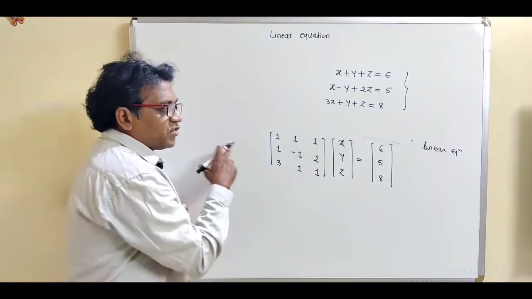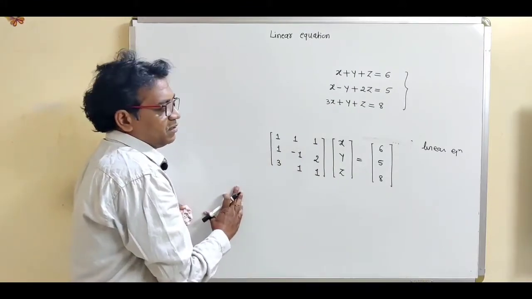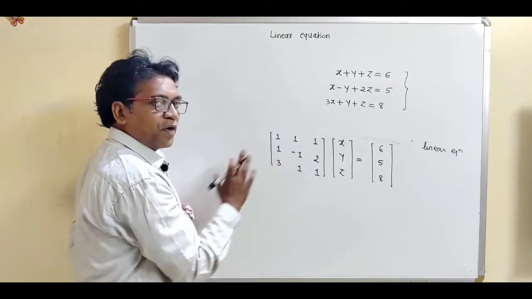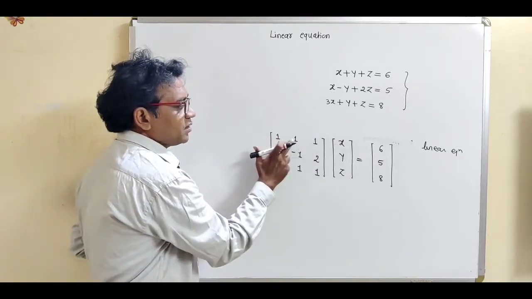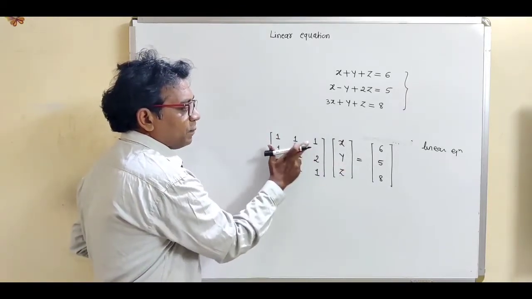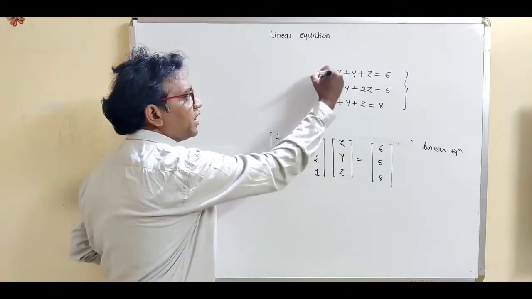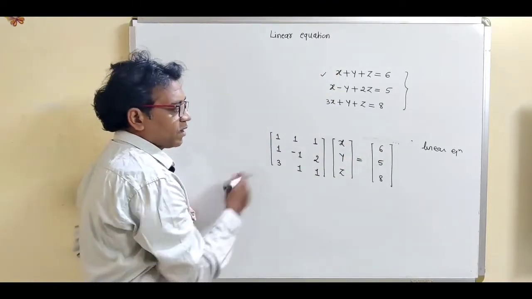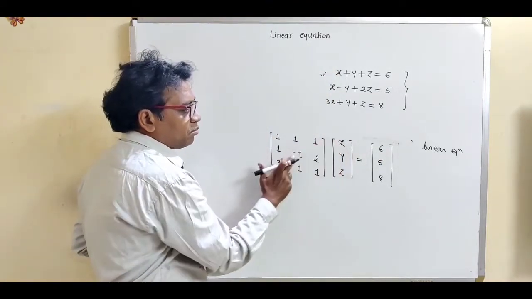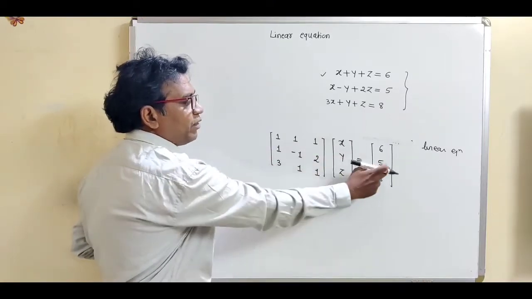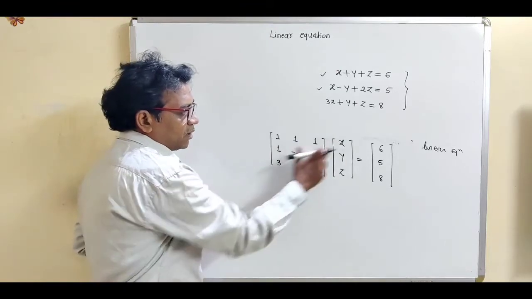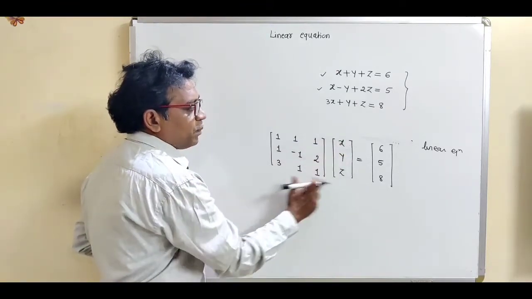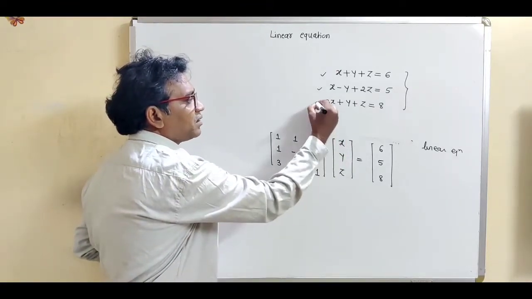If we find this product, then we get x plus y plus z equal to 6, the first equation. x minus y plus 2z equal to 5, the second equation. 3x plus y plus z equal to 8, the third equation.